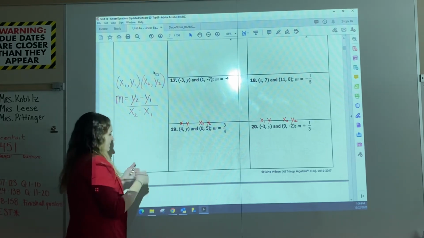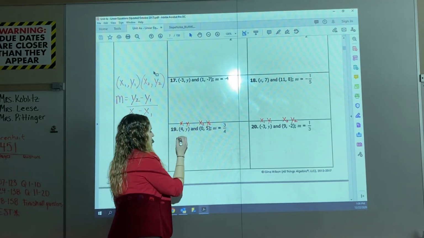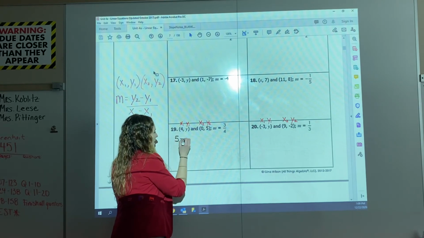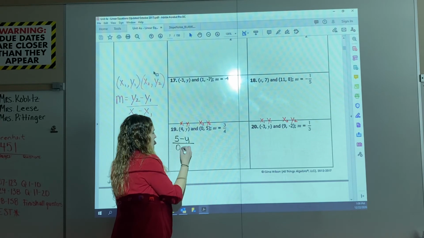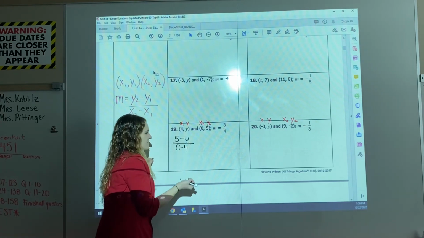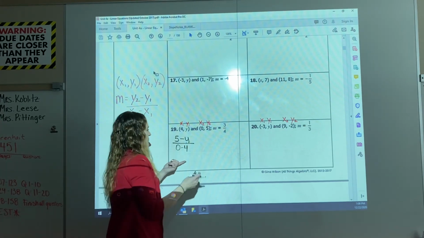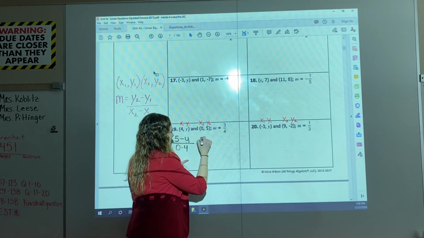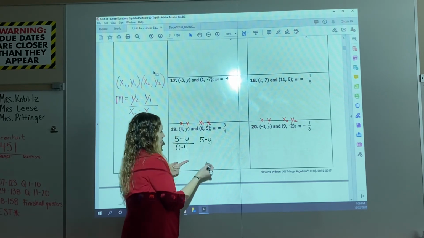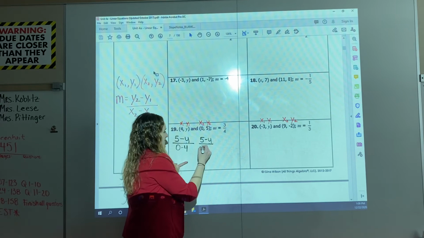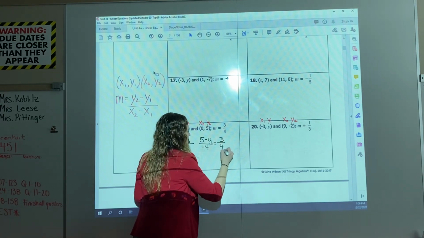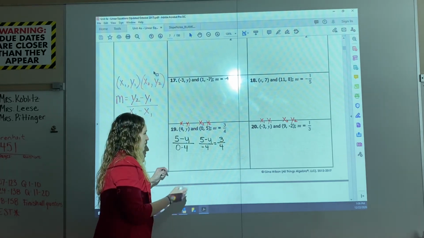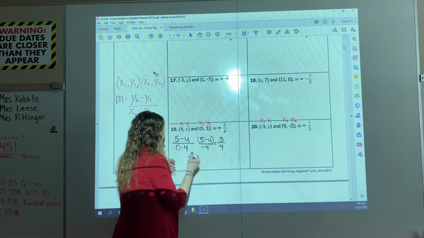It's right here. y2 minus y1, which is just the y, over x2 minus x1. We can simplify what we know. 5 minus y, that doesn't simplify, so I'll keep that as it is. 0 minus 4 is negative 4. Let's set that equal to our slope. All right, we're going to package with parentheses and cross multiply.